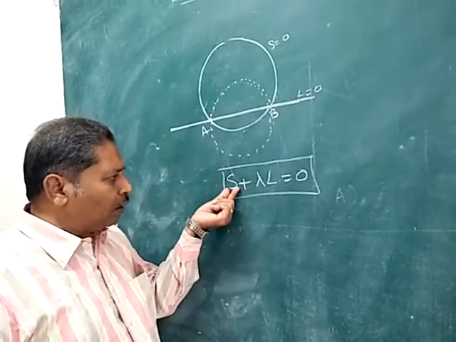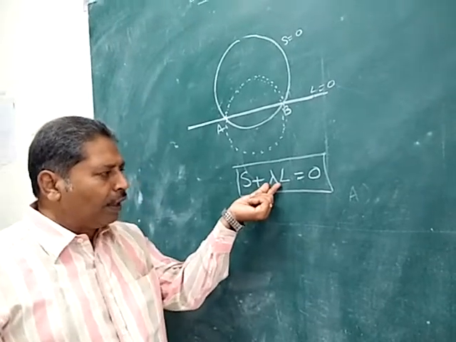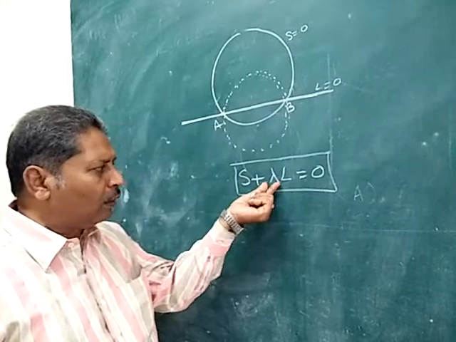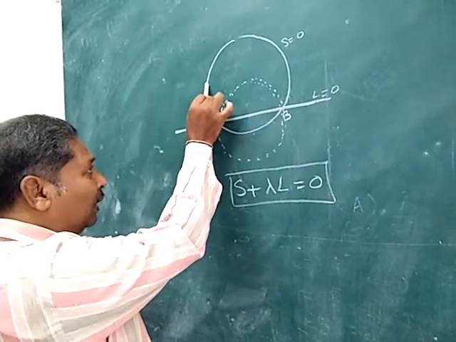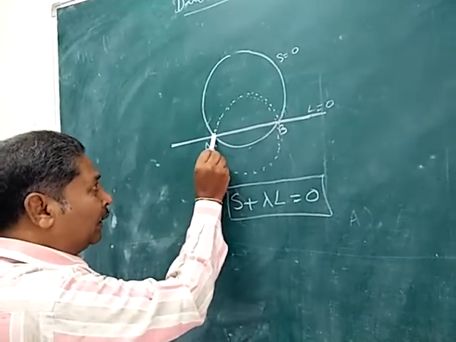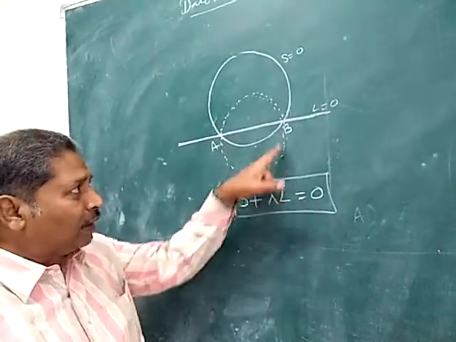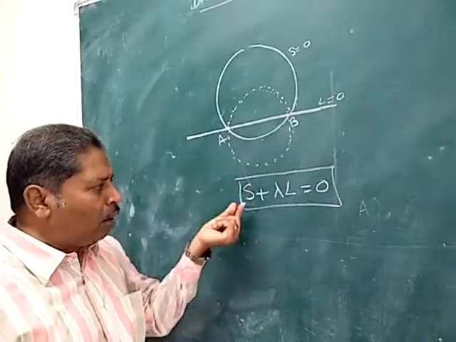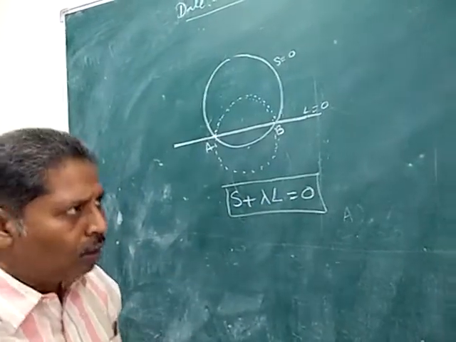S is the circle equation, L is the line equation, and lambda is a parameter, any real constant. So one circle and one line intersect at two points. The equation of any circle passing through these two points is of the form S plus lambda L equal to 0.